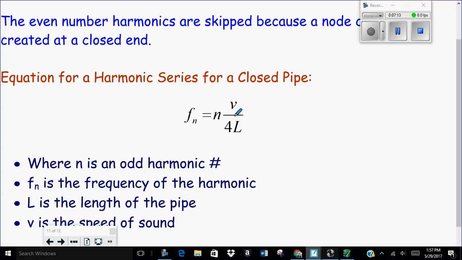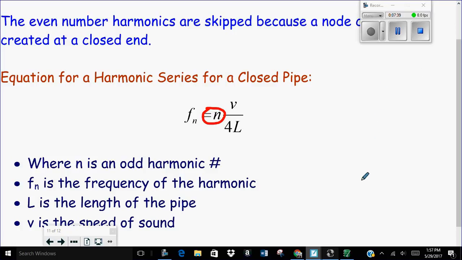Now remember, just like in the PhET simulation, n in this particular case has to be an odd number because you can't form a node on a closed end of a pipe. That means you only have one open end, so the harmonics will go up in odd numbered increments. So n is 1, 3, 5, 7, and so on.